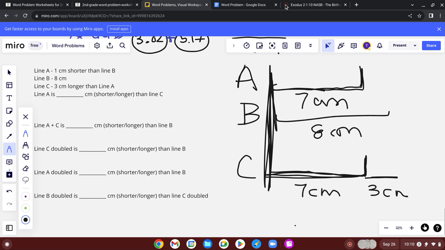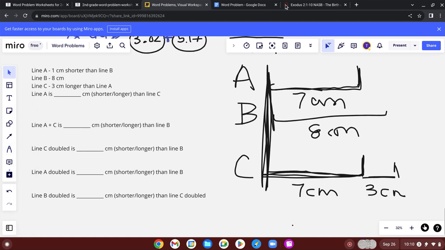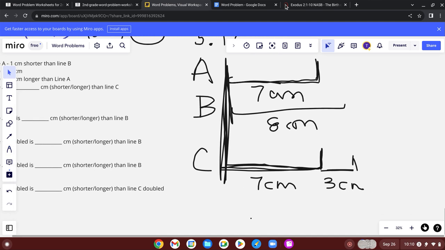That was 10. Which means line C is 10 centimeter, right? 10 centimeter total, no multiplication in here.